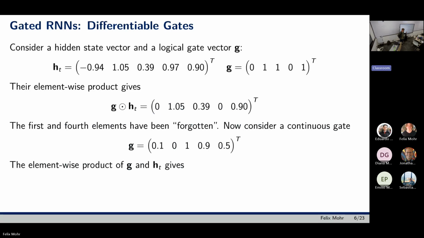In the third entry, we would have 0.39. And in the last one, 0.45, right? So this here is, I think, nice because you have completely forget, mostly forget, completely remember, mostly remember, and something in the middle.